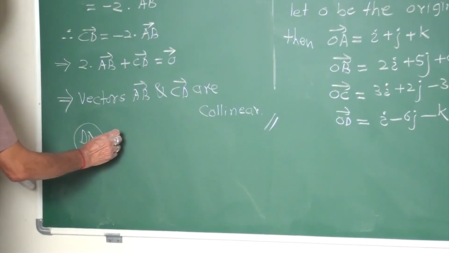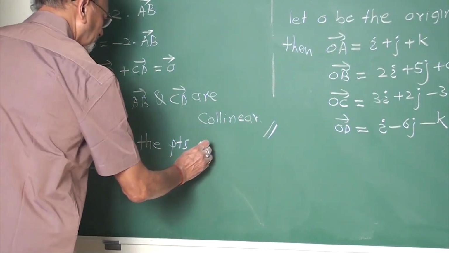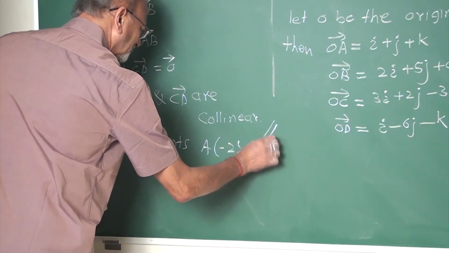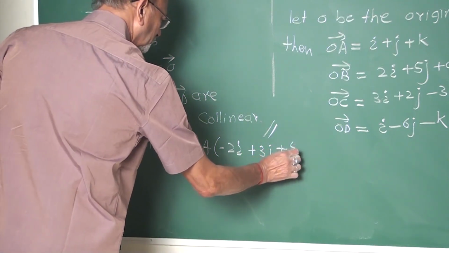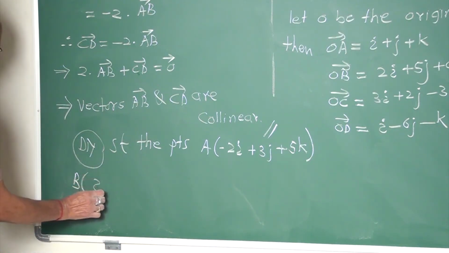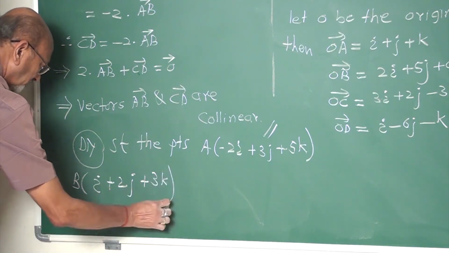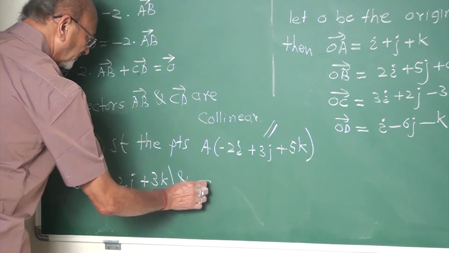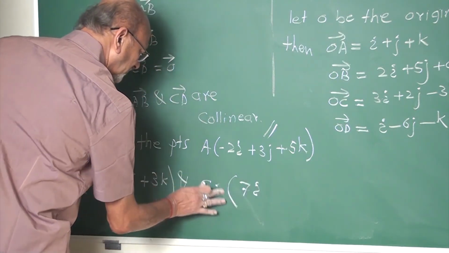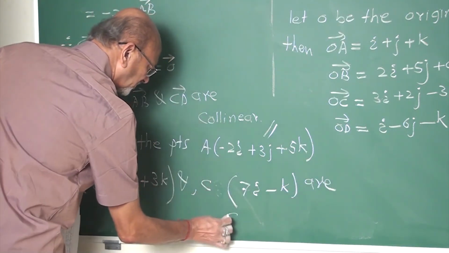Show that the points A: minus 2i plus 3j plus 5k, B: i plus 2j plus 3k, and C: 7i minus k are collinear.